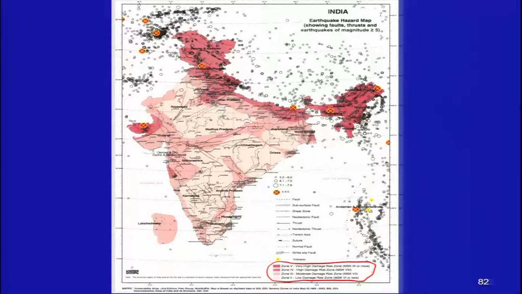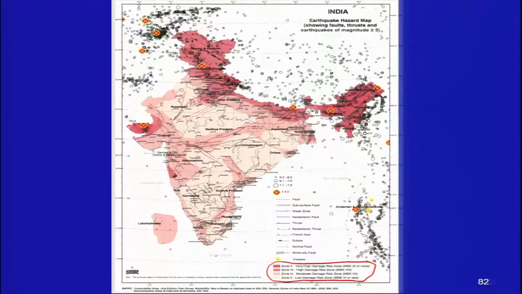Zone 5 is the very high damage risk zone, and zone 4 is the high damage risk zone, with a slightly lighter color than the reddish color here. The lighter color over here where I am putting the pointer is all zone 4, and then coming to zone 3, this is zone 3 which we are showing right now.